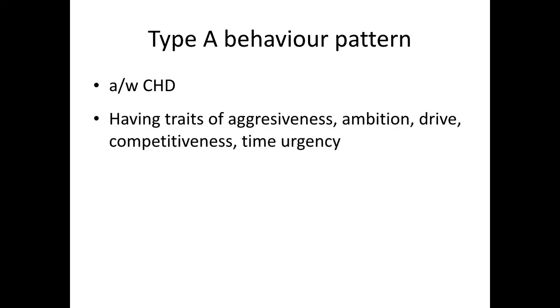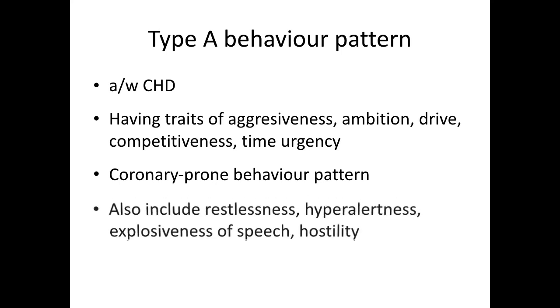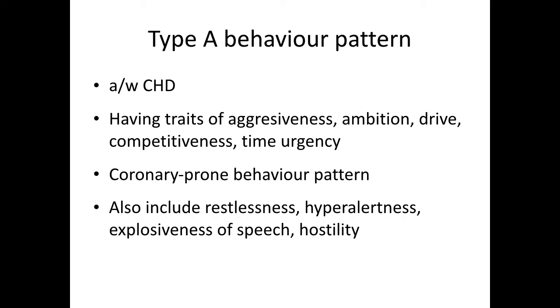Type A behavior pattern is associated with CHD, having traits of aggressiveness, ambition, drive, competitiveness, and time urgency. And these are coronary-prone behavior patterns. It also includes restlessness, hyperalertness, explosiveness of speech, and hostility.